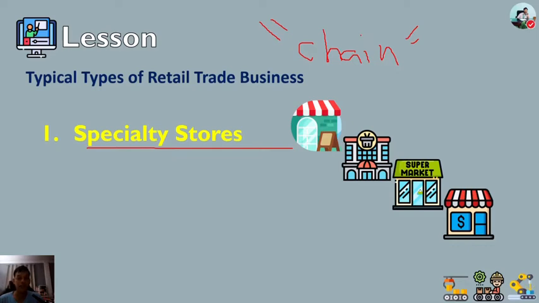These are stores that only sell specific products, just like a music store. They only sell musical instruments and others. So we call them specialty stores.